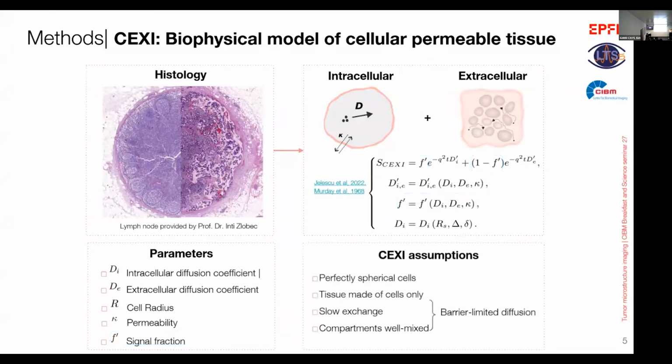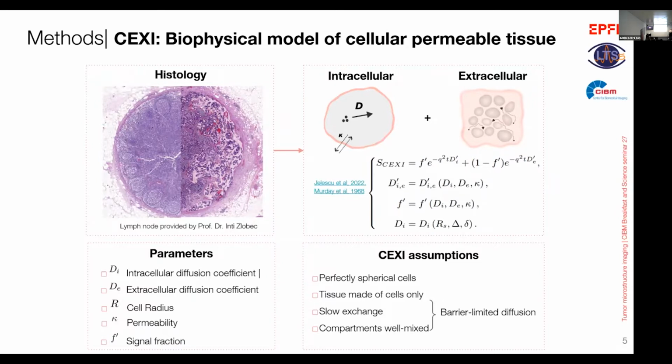So what are the assumptions of this model? Obviously, we made the assumption that the intracellular compartment is made of spherical cells, which is not the case in reality. As you can imagine, the cells are not perfectly spherical.